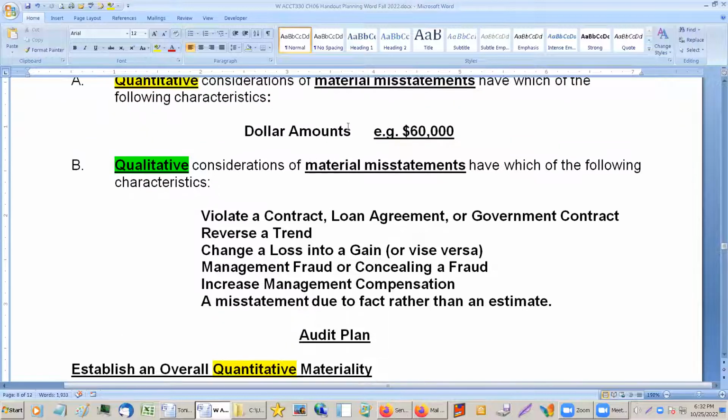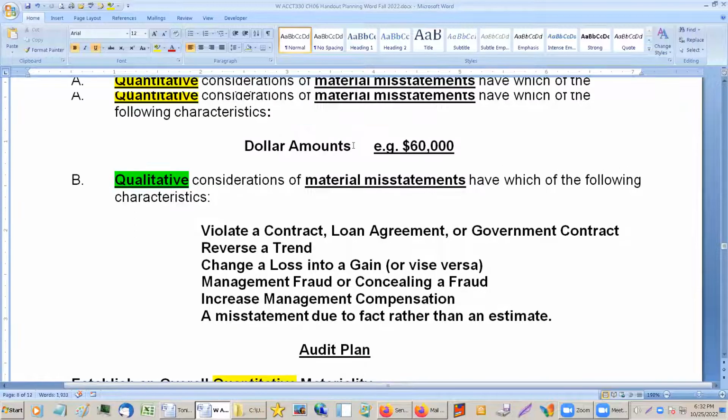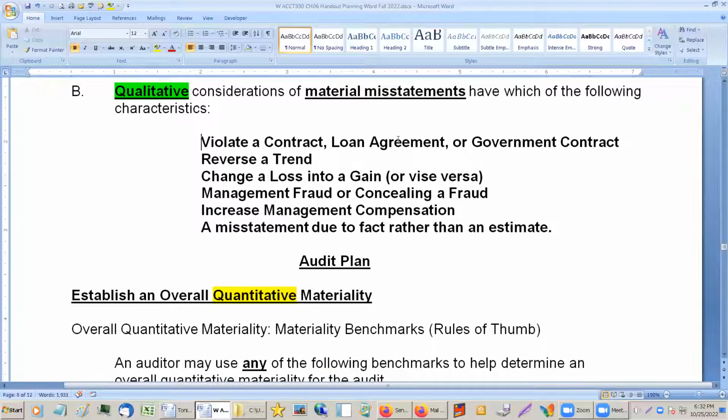So even if the dollar amount is not material, if you do find a misstatement, it's possible that it might be material because it does one of these things here.